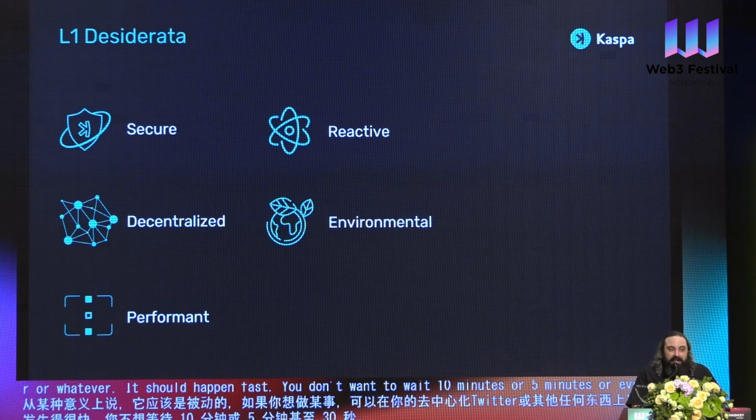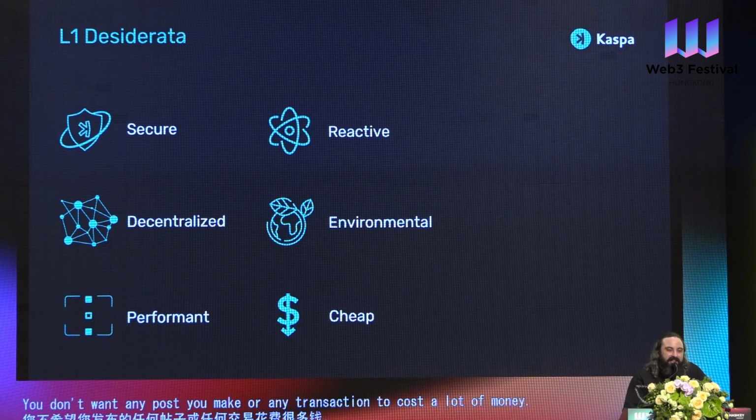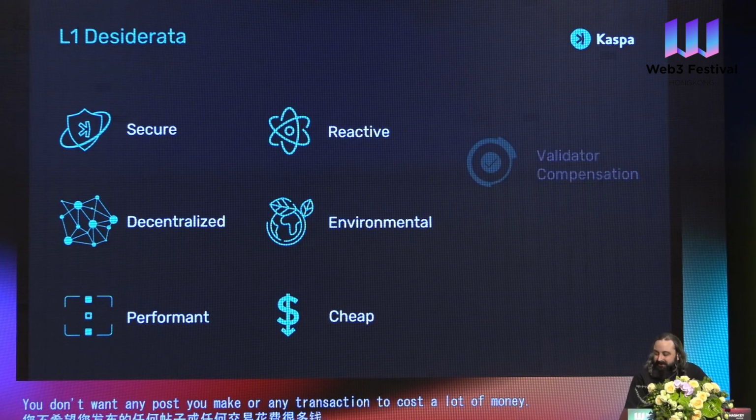It should be environmental and sustainable. It should be something that the world can carry. It should be cheap to use, right? You don't want any post you make or any transaction to cost a lot of money. And you want even the layer 2s that you build over it not to have to pay a lot of utility.